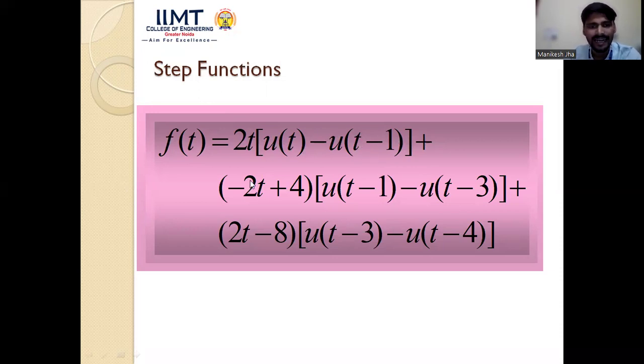Similarly, plus the second line equation, minus 2t plus 4, between 1 and 3: u(t minus 1) minus u(t minus 3). Similarly, the third line equation is 2t minus 8, between 3 and 4: (2t minus 8) times u(t minus 3) minus u(t minus 4). So the triangular signal can be represented in the form of unit step signals.